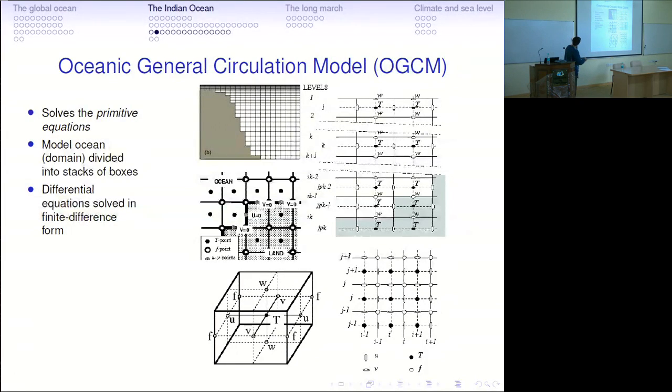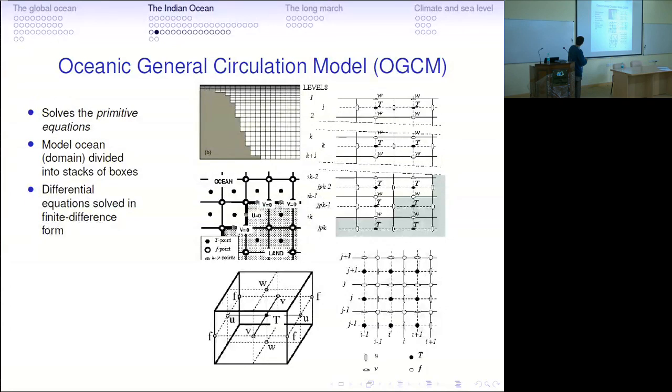So you generally have more levels in the vertical near the surface, and the spacing between the levels increases as you go down. What would be a resolution depends on what you are studying and what kind of computer you're on.